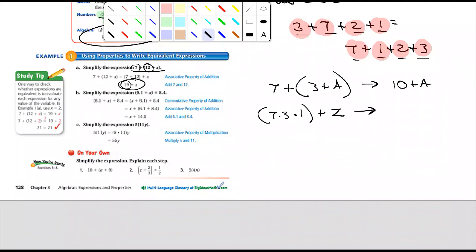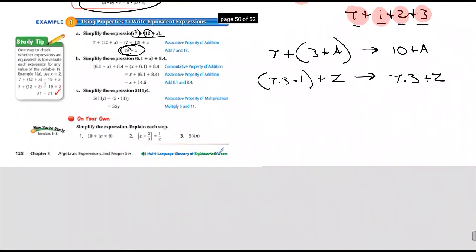I said to simplify that. Well, what's 7.3 times 1? 7.3 and then plus z. That would be simplifying the expression. So whether you're adding or multiplying, do that with the numbers that you can and then just leave in the variable.